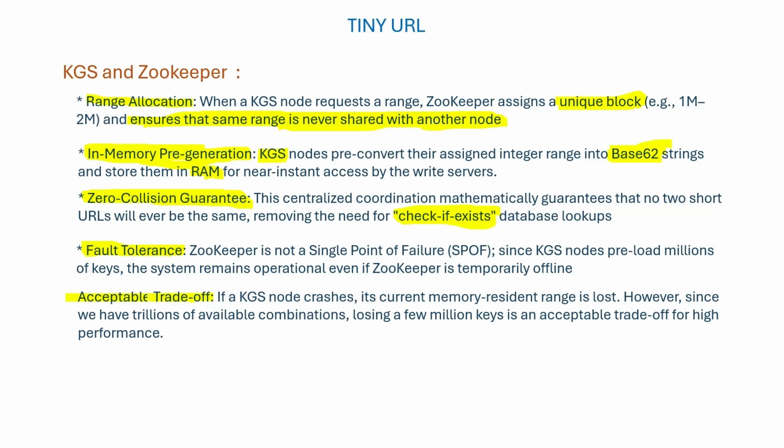Yes, this is one of the trade-offs. If one of the KGS nodes goes down, only a particular set of numbers in a block, or a particular set of base 62 strings, will be lost. That too within the memory of the KGS node itself. There will be no writes to the DB. So this data loss is highly acceptable, given that we have more legroom or overhead.